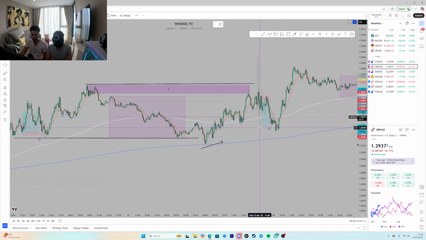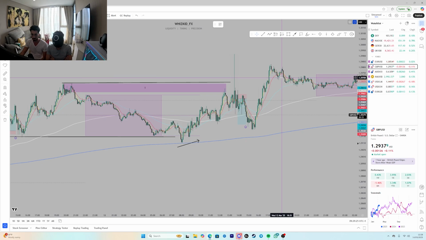A very simple target here, because it was the most recent point of liquidity of the day, so we take out this low, and in fact price went to the upside again. So this was a clear 1 to 5, also a very simple trade.